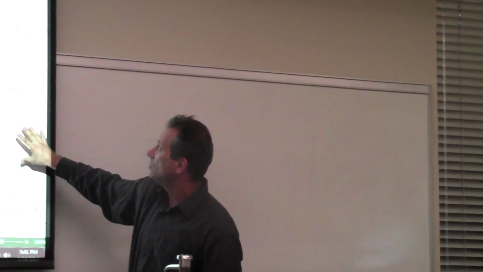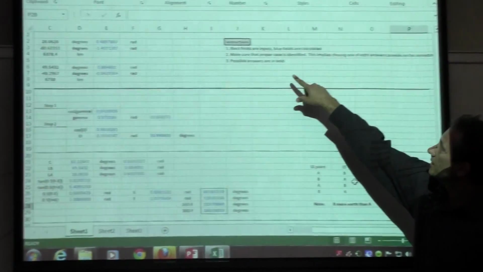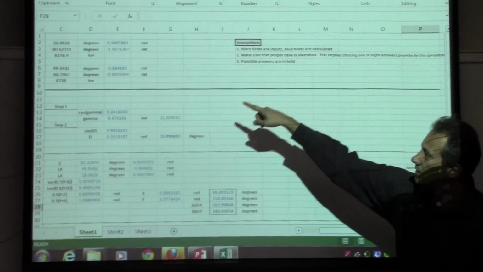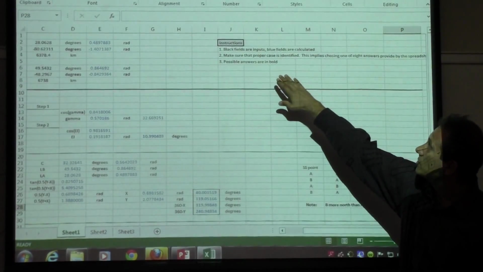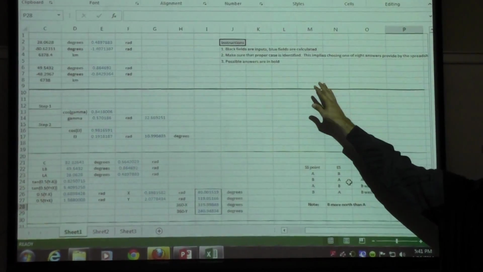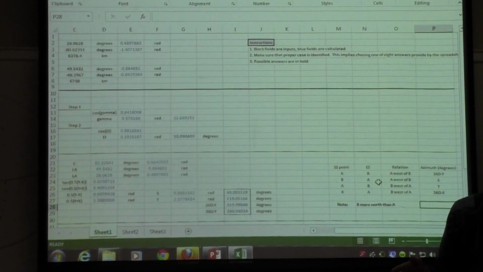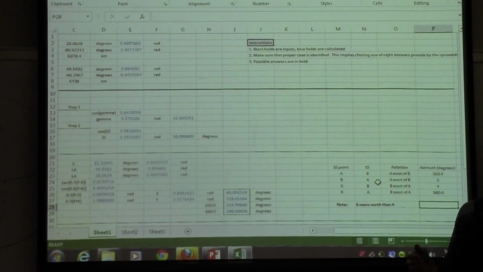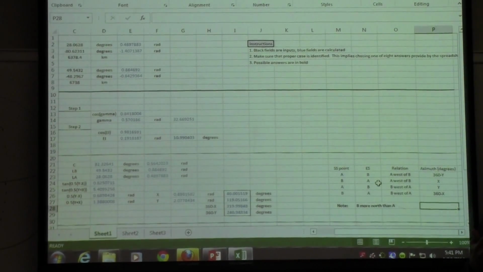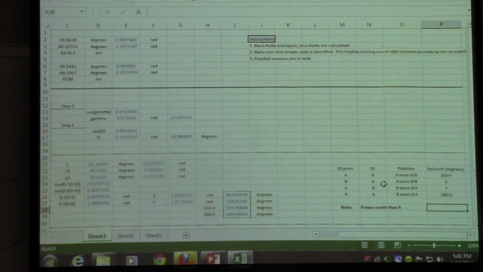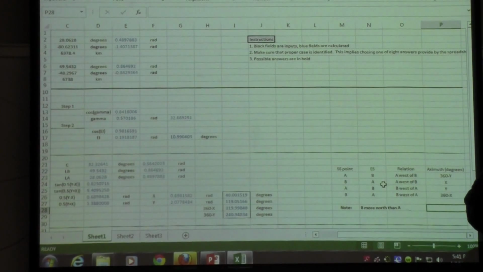So how do you work here? You would populate the black fields. All the black fields up there need to be populated. Those are your inputs. Make sure that the proper case is identified, that you understand which case you are calculating. There are 8 possible cases. You eliminate 4 right away, depending on whether you're calculating for the northern or the southern hemisphere.